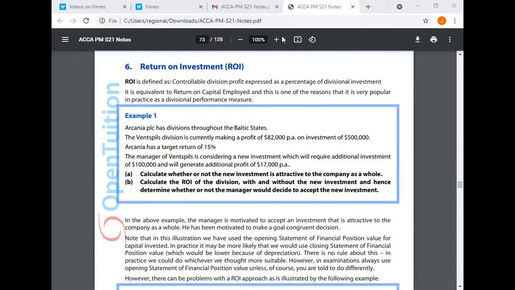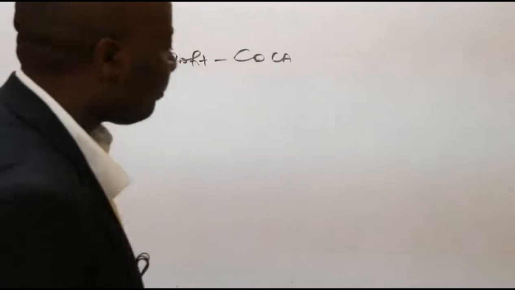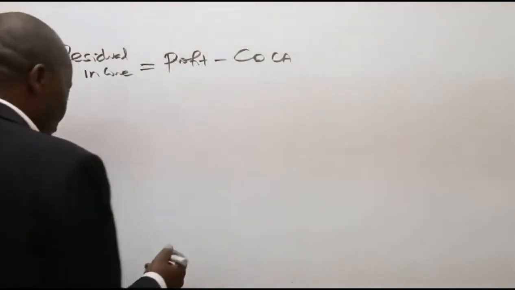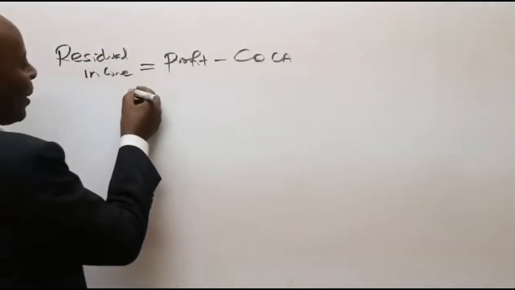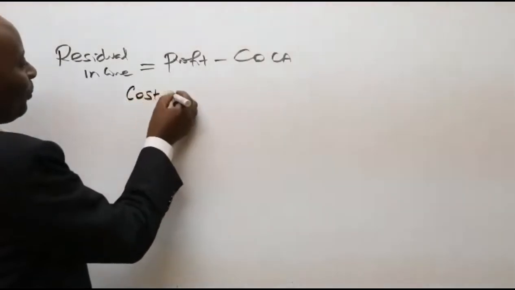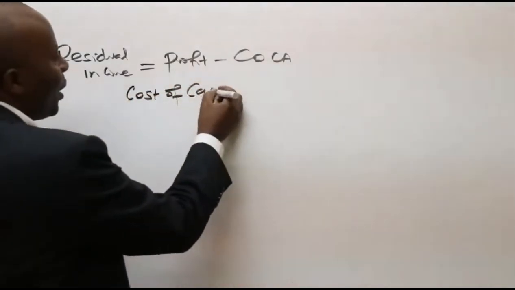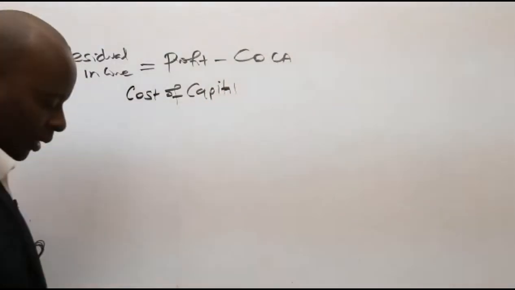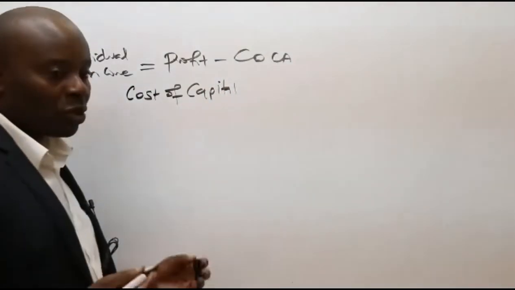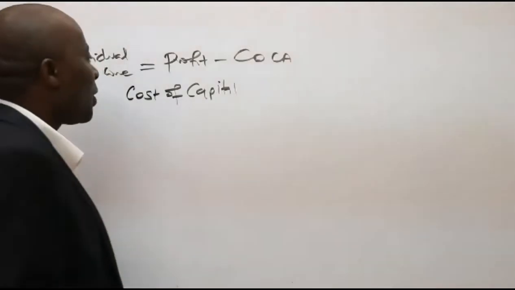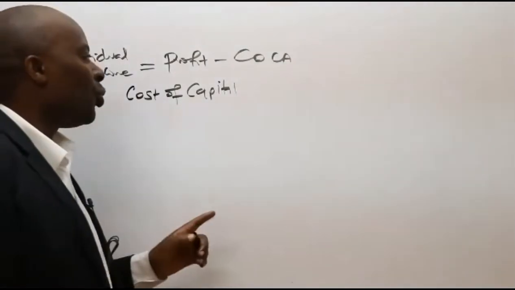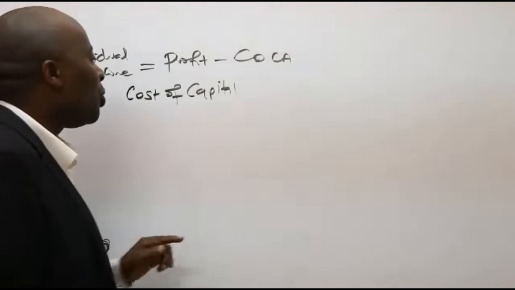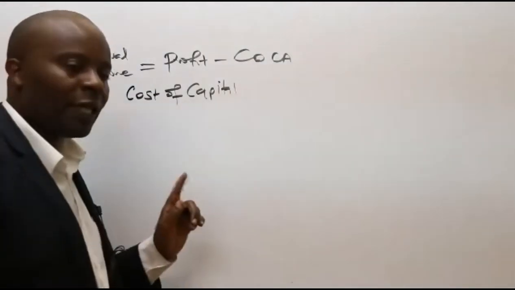So the first thing that I would want to do here, ladies and gentlemen, is to define my cost of capital. In most cases, your examiner will mention it to you. But in the event he doesn't, you are a scholar of advanced financial management.